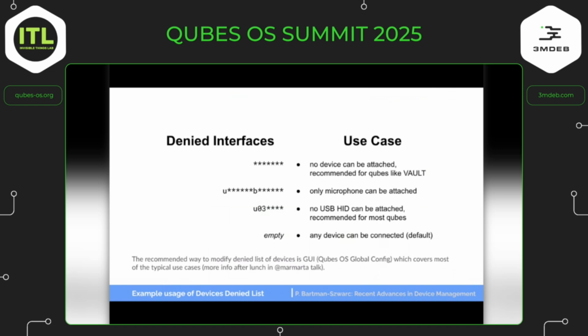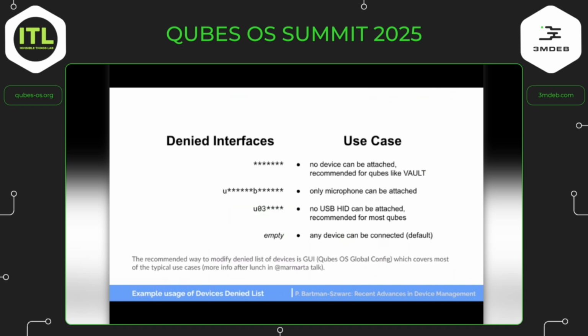So it protects from keystroke injection. And the last one is the empty list, and this empty list is for now the default, but as I said, I would prefer to make the default for VMs U03.